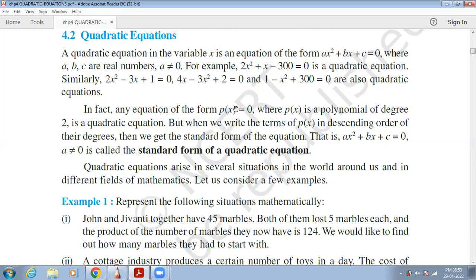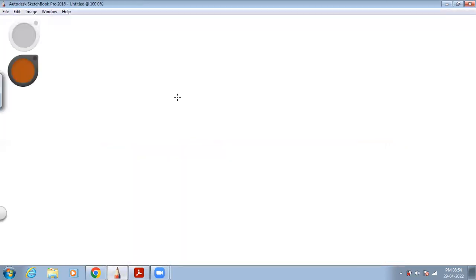A quadratic equation in the variable x is in the form ax squared plus bx plus c, where a, b, c are real numbers and a cannot be equal to 0. If a becomes 0, then it will become a linear equation. Let me explain what has happened up to this point.